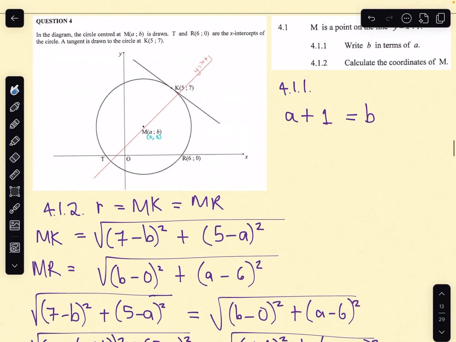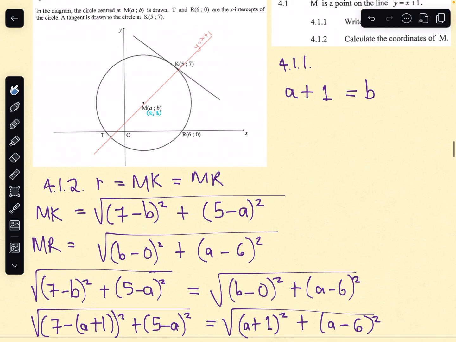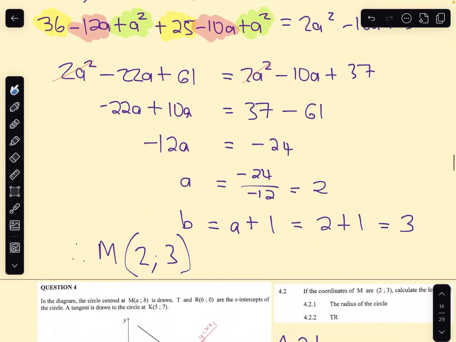Let's have a look at the memo. Let's see if our answers are right, and if we have any interesting approaches that have been taken. Okay, so for the first one, we have b is equal to a plus 1. For the second one, we set up our equations using the fact that radii are the same length in a circle, and we do arrive at a is equal to 2 and b is equal to 3.